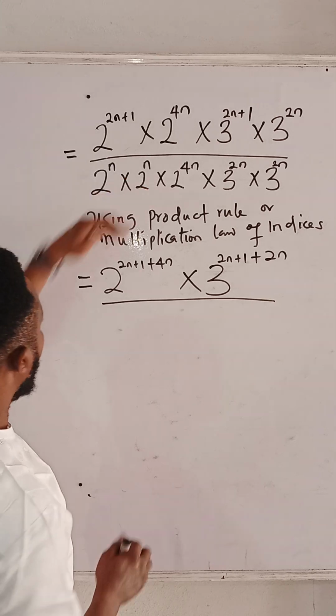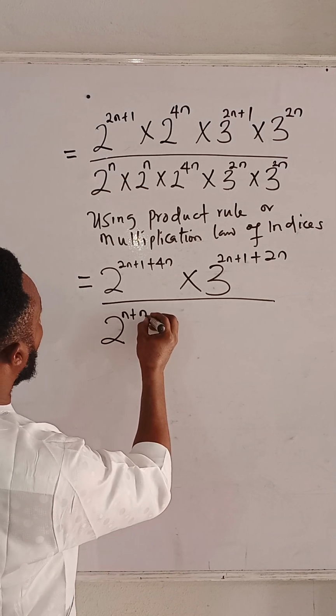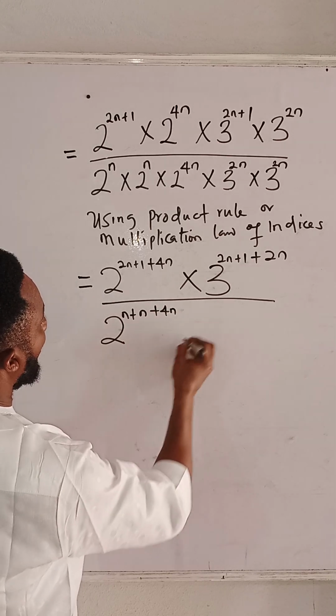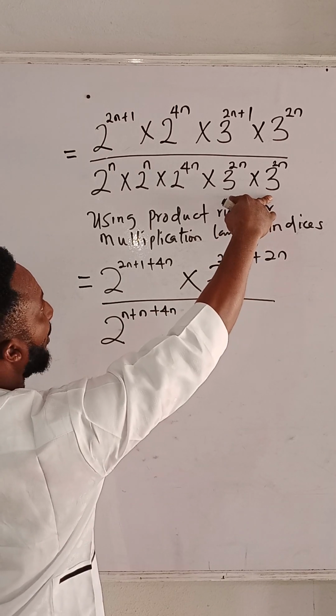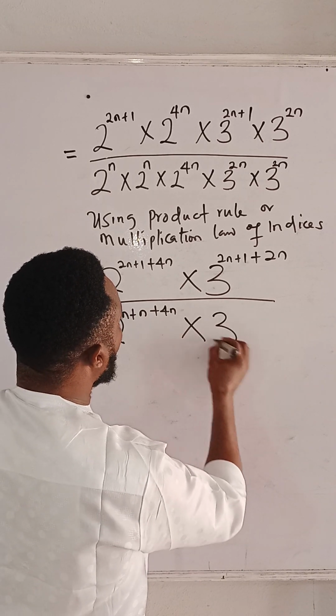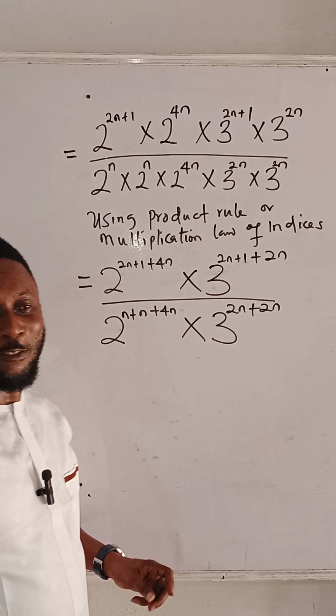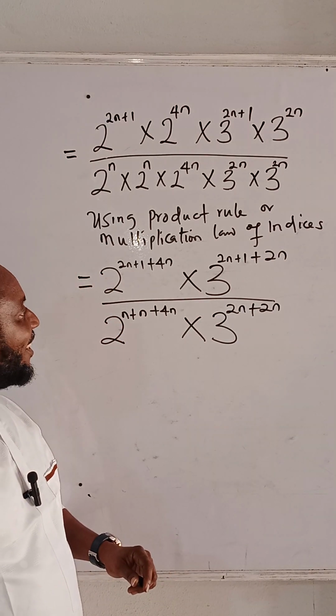If we do the same here, we are going to have 2 to the power of n plus 4n. We use that same rule here, and this becomes 3 to the power of 2n plus 2n. What a very interesting question.